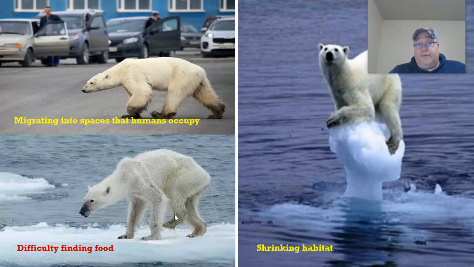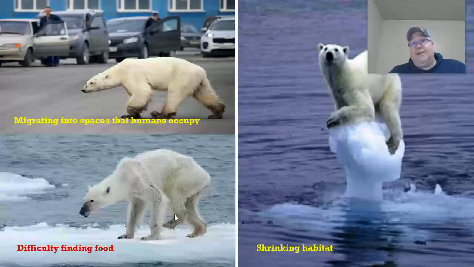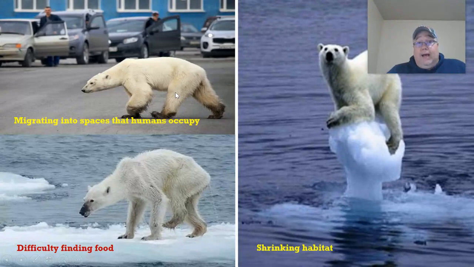So they're literally starving to death. It's even gotten to the point now where polar bears have invaded areas occupied by humans. They've migrated away from their ice because they can't find any food. So they'll go into towns and places like that to look for food.